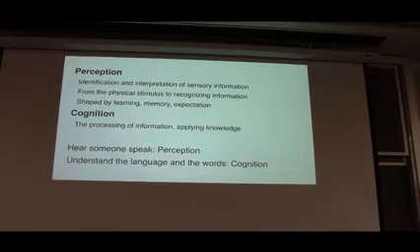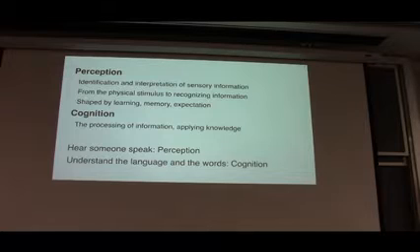So this is the high-level distinction between perception and cognition. Perception is the identification and interpretation of sensory information, and that's really about going from the physical stimulus, like in the case of light, to recognizing information. And perception is, of course, shaped by our experiences, by learning, by memory, by our expectations.